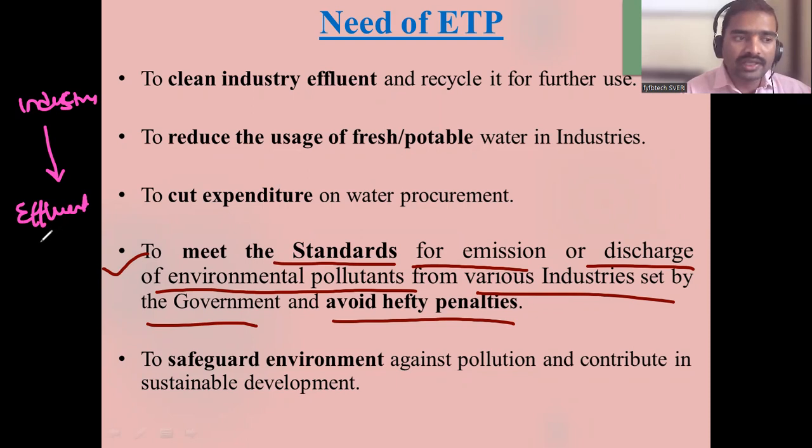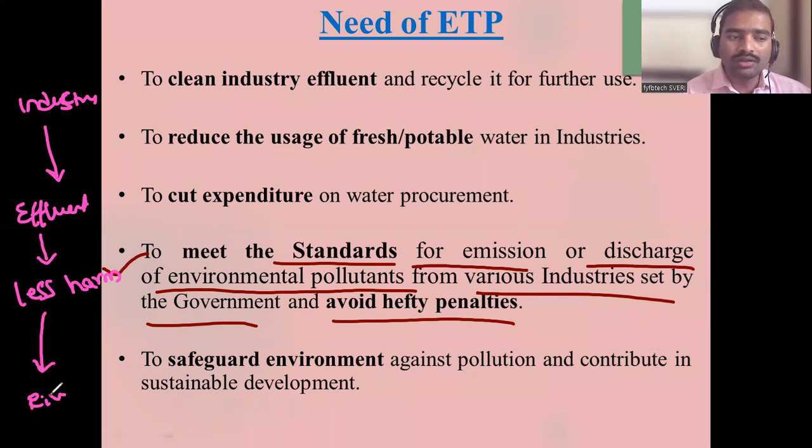Once treated, the dangerous material becomes less harmful. This less harmful wastewater you can dispose into water, a river or any land. So it will meet the standards given by the Environment Pollution Board.